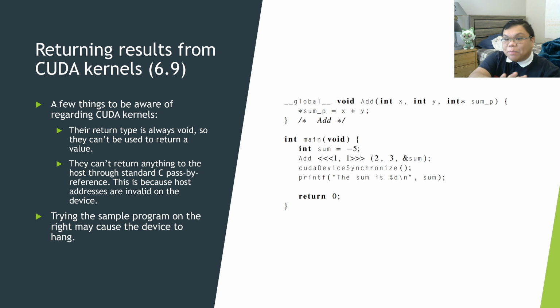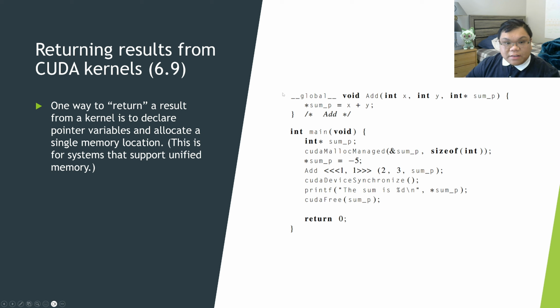Oh yeah, and this is the part where I talked about how we can't really return anything from a CUDA kernel. The closest thing we can do is to allocate memory for some value that is to store a result, and then we pass that along with our other arguments.